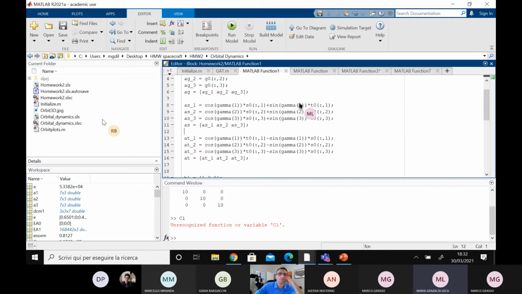One sec. So, cosine is the first one, sine. Oh, there's a minus missing.